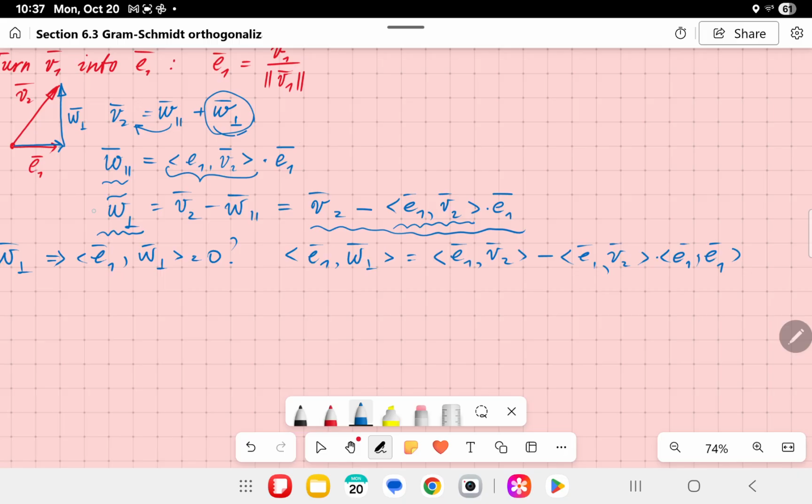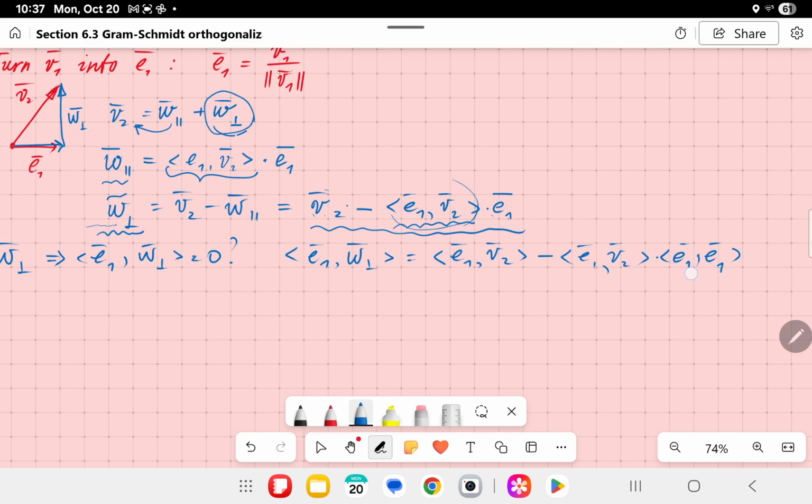When I multiply by e1, this part is not a vector, it's a number, because an inner product is always a number. So the only vector here is e1, and that's why I multiply e1 by e1.